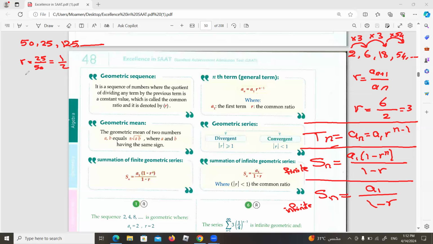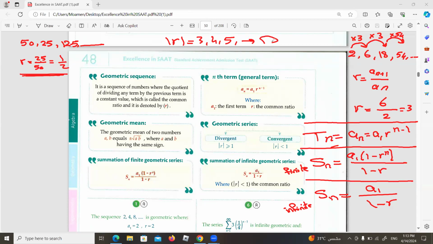So you have two types of R. R can be between 0 and 1, and R can be greater than 1. I am talking about the absolute value of R. If the absolute value of R is greater than 1, like 3, 4, 5, and so on, or equal to 1, it's called divergent.